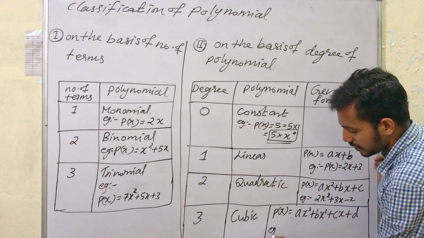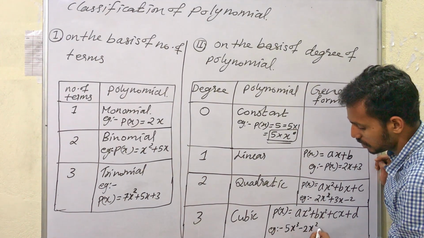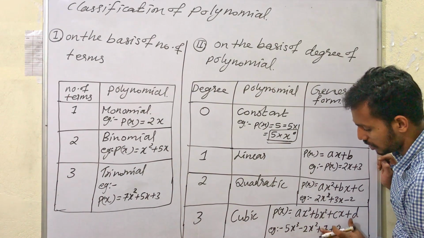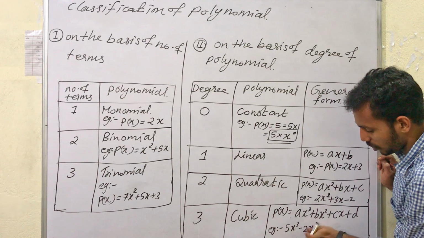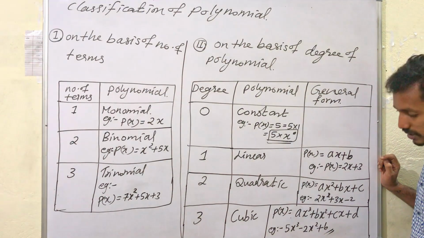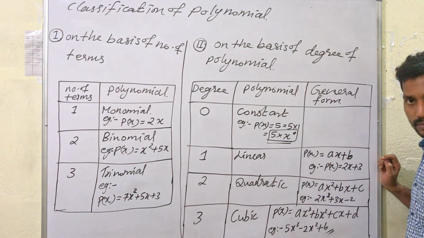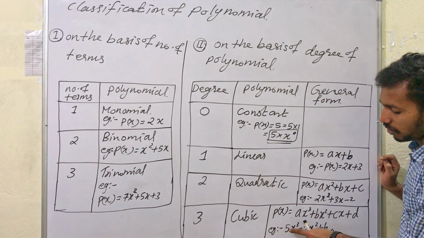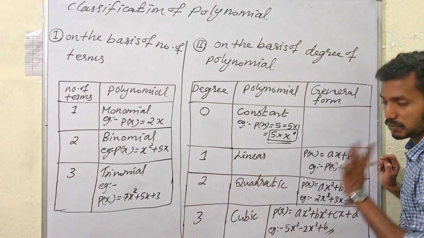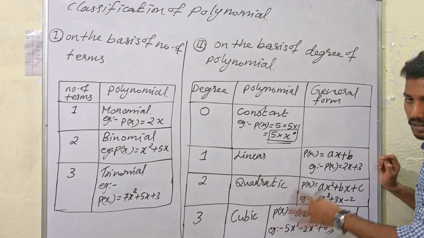For example, 5x cube minus 2x square plus 7x plus 2. But not necessarily all the terms are there. For example, after 2x square you can write directly 6. The necessary condition is that its highest power should be 3. The other terms can be 0, no problem. Only the coefficient of the term with the highest power should not be 0. Here the coefficient of x is 0 because there is no x term.